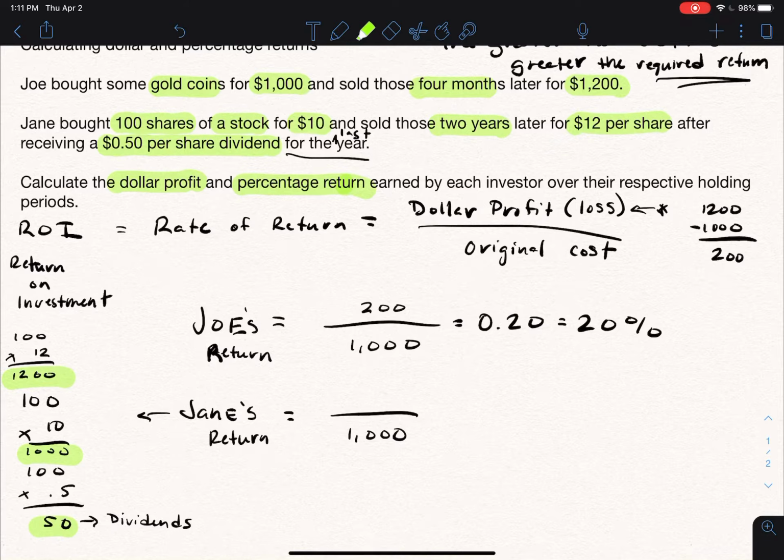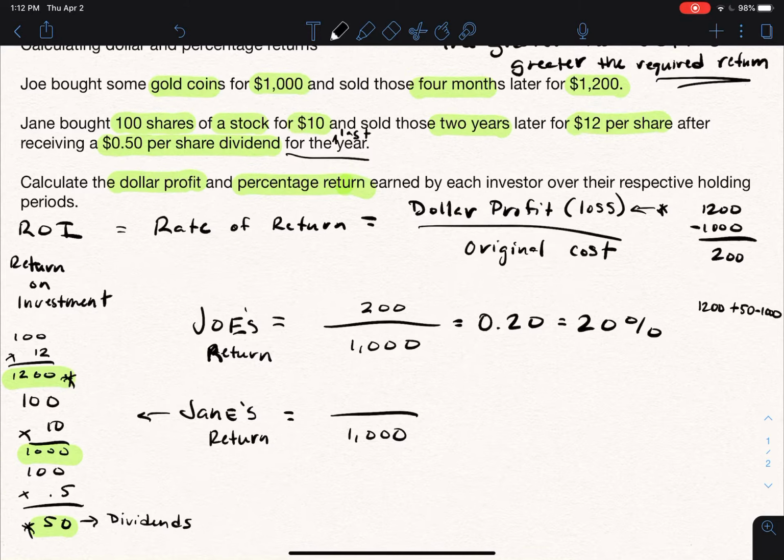So let's see, how much profit did she make total? Well, we have to add these two amounts here and here together. Right, so let's come over here and say 1,200 plus 50 minus 1,000, right? That's the end price plus any distributions or additions to our holdings, minus our original.